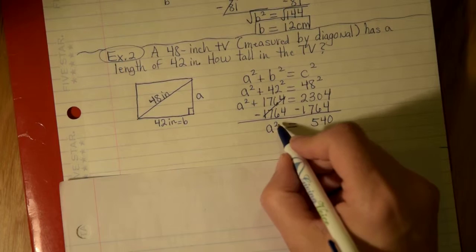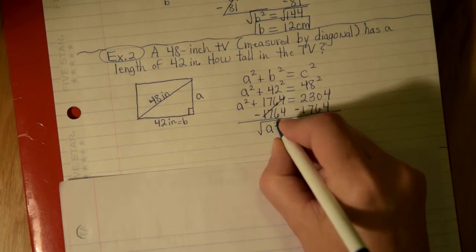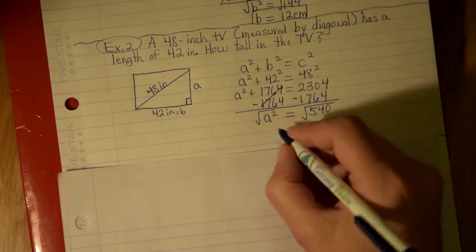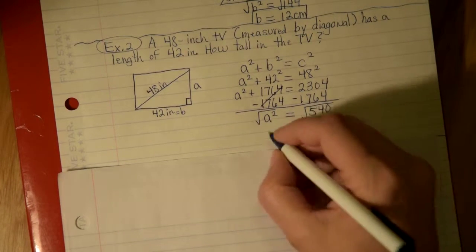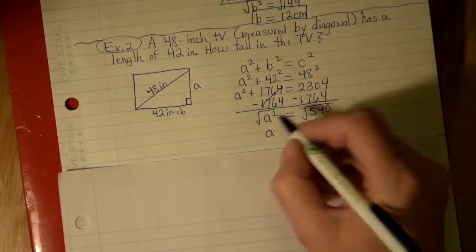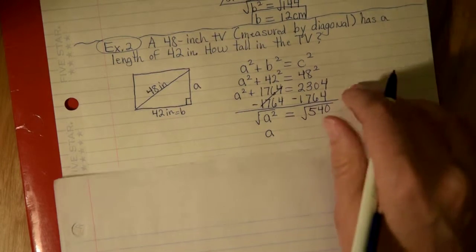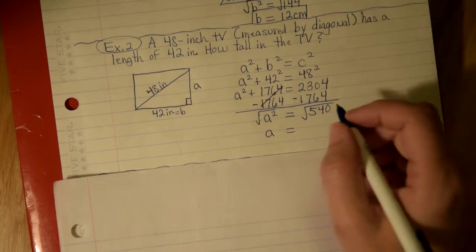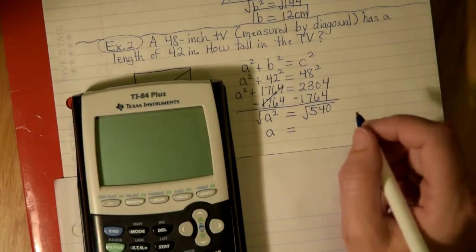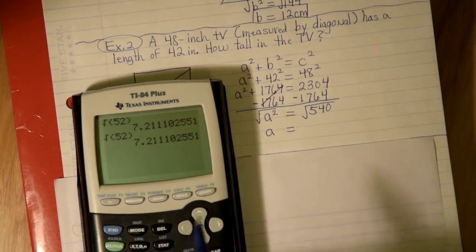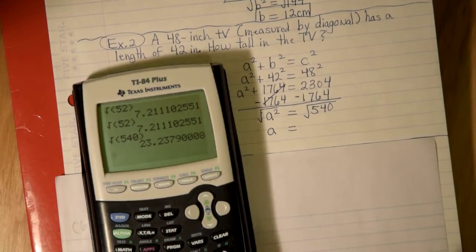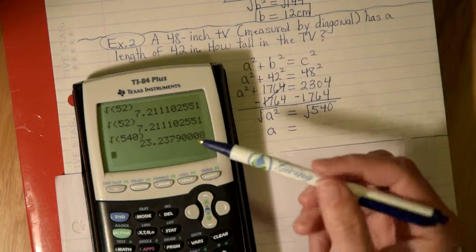Now I need to get A, not A squared, so I take the square root of both sides, and you need to show me that. This becomes just A because the square root cancels the square. And then you can do this on the calculator, and the square root of 540 is 23.2379.